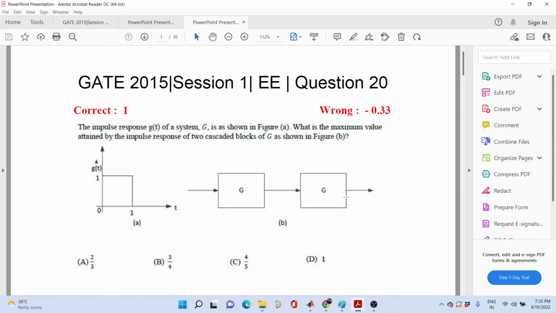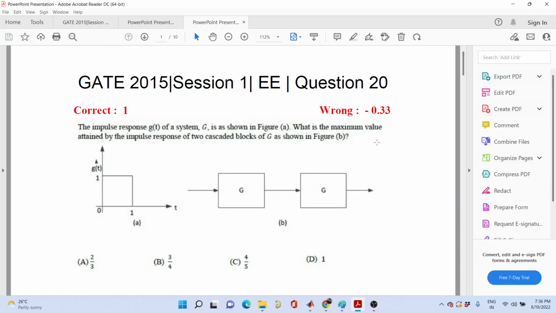Sir, we convolve the two functions, the two unit step functions. So the slope will become a product of 1 into 1, 1. So for 0 to 1, it will rise to 1. The maximum value we got is 1. What would the impulse response look like?